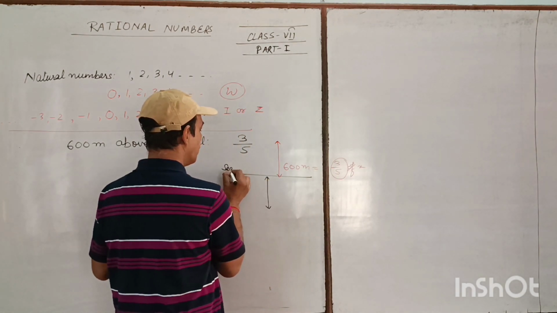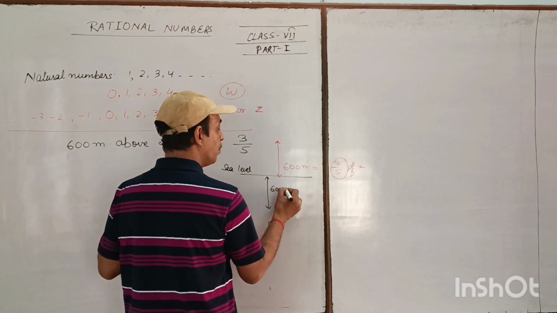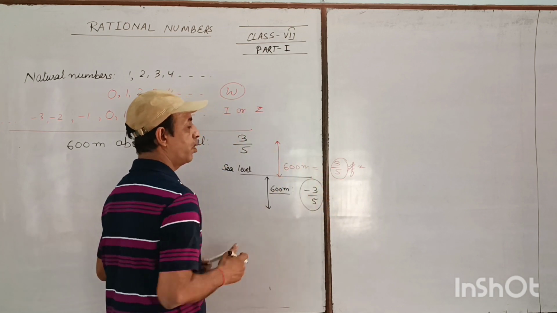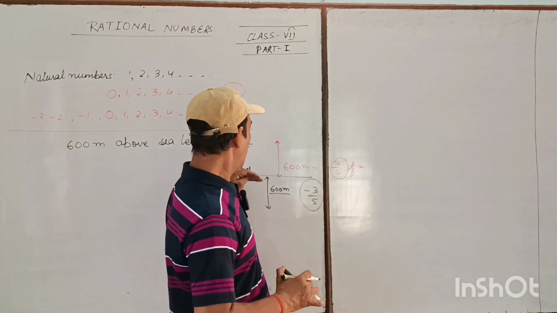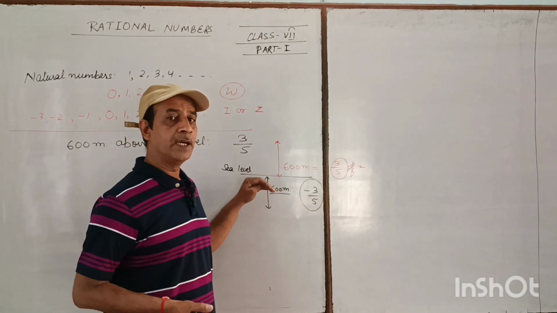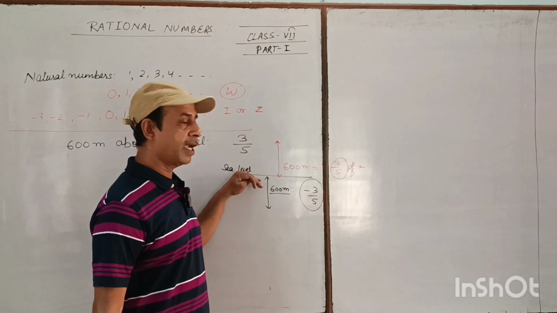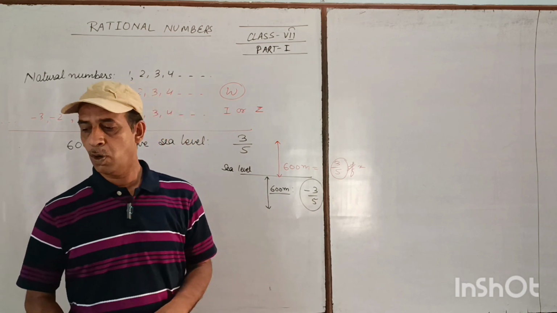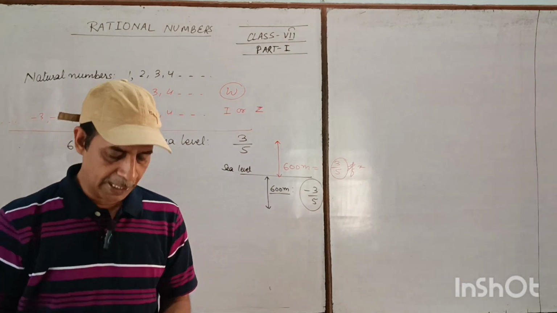This is sea level. 600 meter below the sea level will be shown with the help of -3/5. That means here the positive sign refers to the height above the sea level, and the negative sign shows height below sea level. That means we also require negative rational numbers.